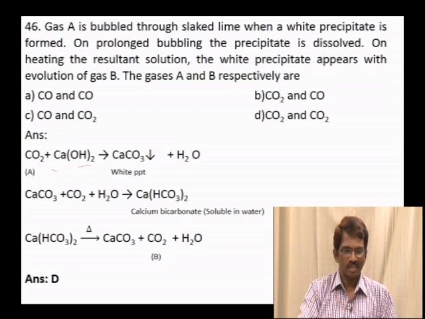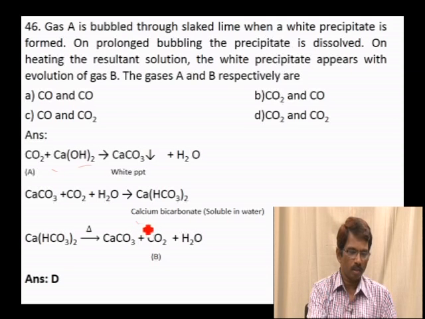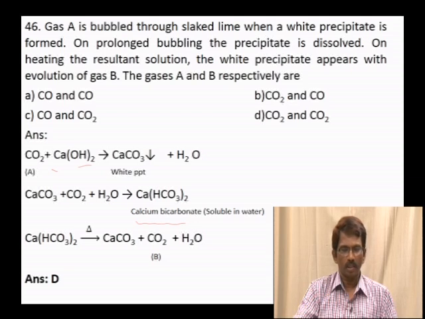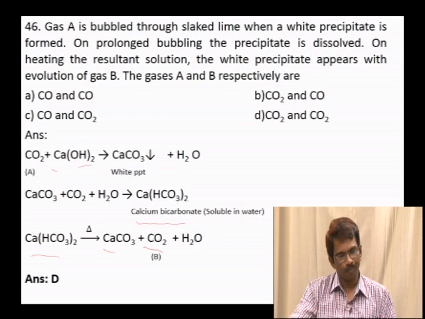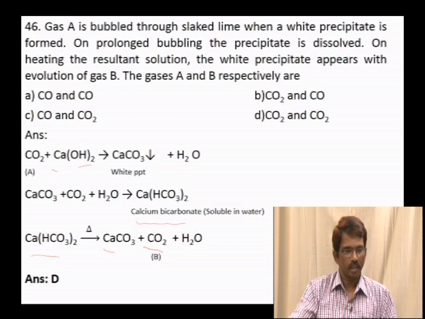And when you pass excess CO2 gas through CaCO3, the precipitate of calcium carbonate is converted into soluble calcium bicarbonate, and therefore the precipitate naturally dissolves. When you heat that resulting calcium bicarbonate solution, you get back the precipitate because the soluble bicarbonate is converted into insoluble carbonate along with the liberation of CO2 gas, which happens to be gas B. And hence, gas A and gas B are both carbon dioxide, and the correct option is option D.